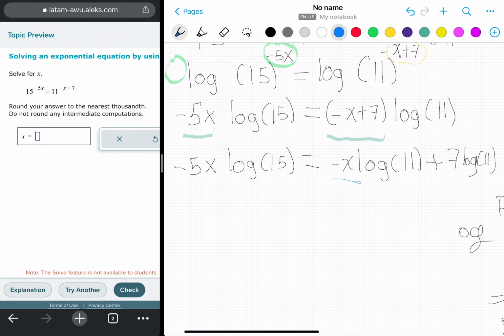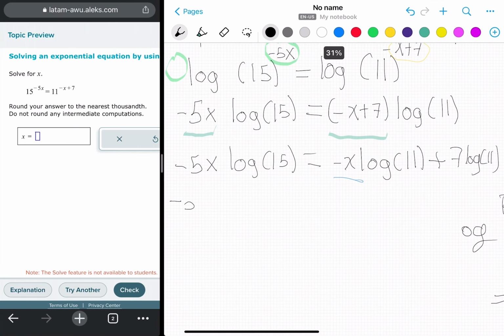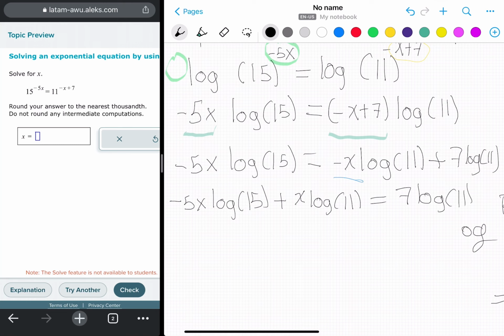Here I have an x, so that term should be on the left side. So it would be minus 5x logarithm of 15 plus x logarithm of 11 equals 7 times the logarithm of 11.